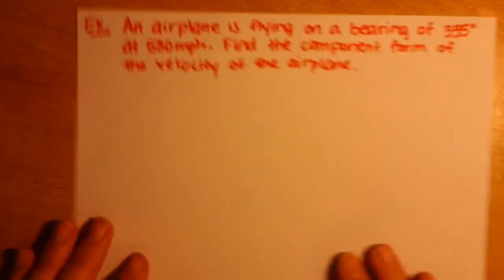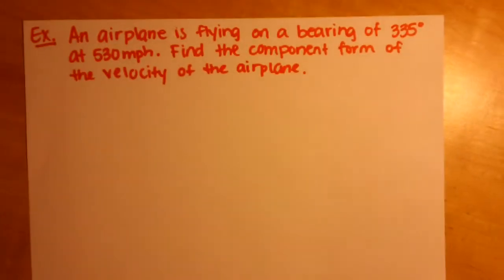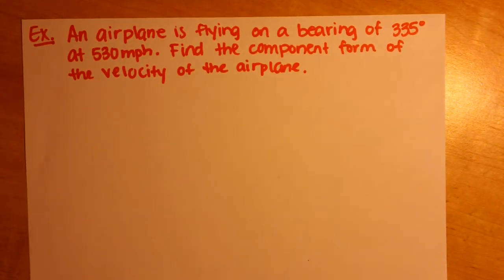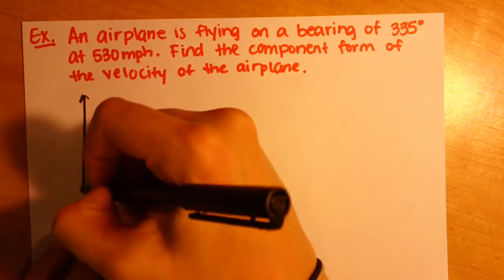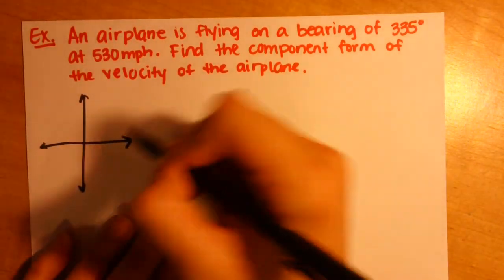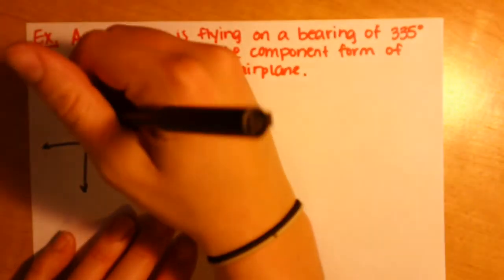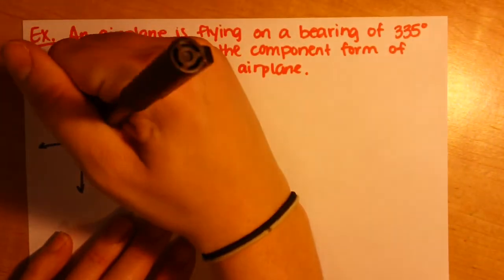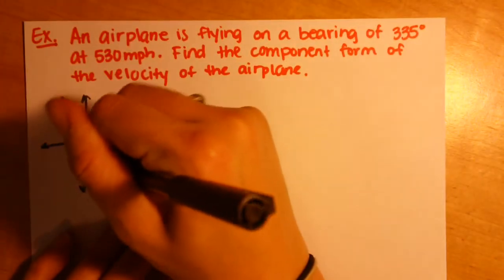Let's look at an example that uses this. So we have an airplane that's flying at a bearing of 335 degrees at 530 miles per hour. We want to find the component form of the velocity of the airplane. Okay? So we can draw ourselves a picture. So they're flying at 335 degrees bearing. So this here is 335 degrees. What's left over is 25 degrees.